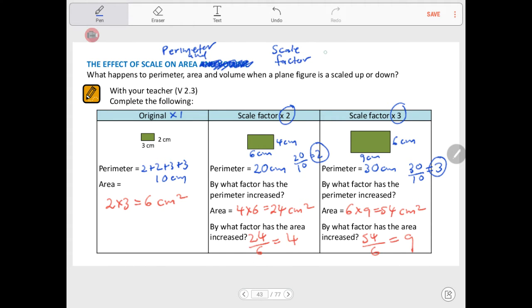The first one, we've got a scale factor of 1, then 2, then 3. So with the perimeter, we can see that matches. The factor is the same for those. But with the area, we're getting 1, 4, 9. So how do these numbers relate to the scale factor?